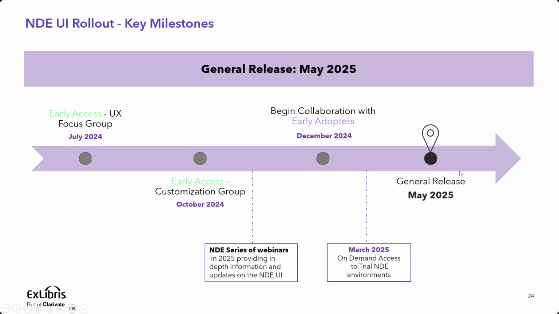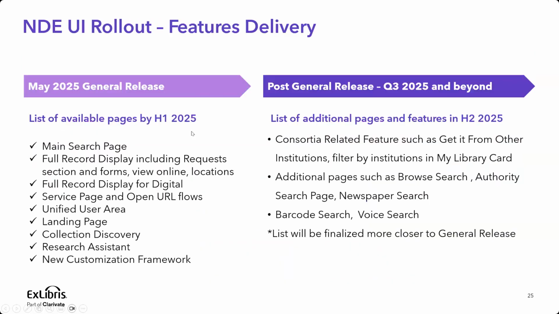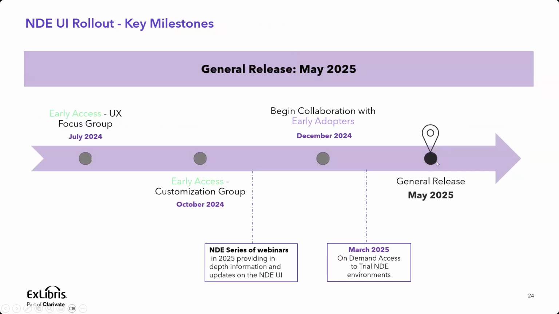With the general release in May, we will publish what is available so far with the NDE. It means that with the May release, you can start having your view: duplicate your existing view and have it as an NDE view. Most of your configuration labels and most of the configuration of features that you've activated will be duplicated into the NDE view.